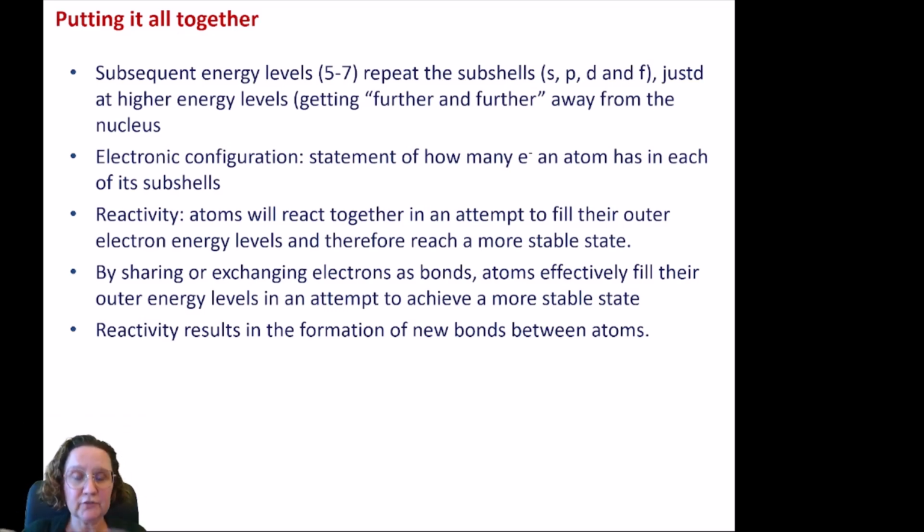So an electronic configuration is a statement of how many electrons an atom has, and specifically how many electrons an atom has on each particular subshell. And if you have a tiny atom like hydrogen that only has 1 electron, you will only have 1 energy level and 1 subshell, because if you have 1 electron, it can be only in a 1s orbital, as close as possible to the nucleus.